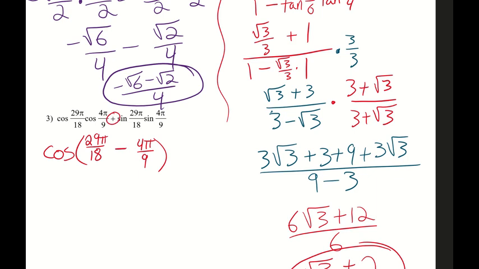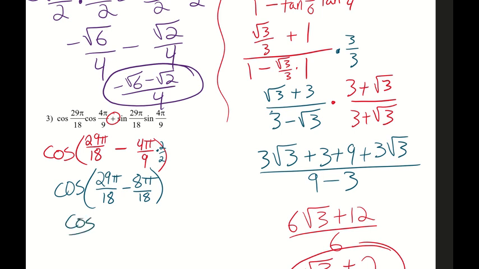All right. We need a common denominator to combine these. So let's multiply this term by 2 halves. We're allowed to do that because it's a form of 1. So we have the cosine of 29 pi over 18 minus 8 pi over 18. We'll combine those terms. So we've got the cosine of 21 pi over 18.